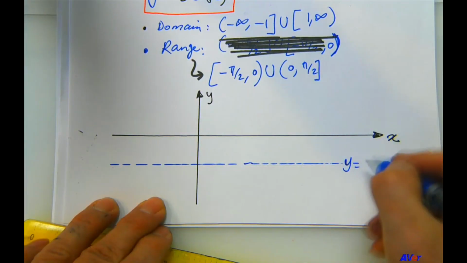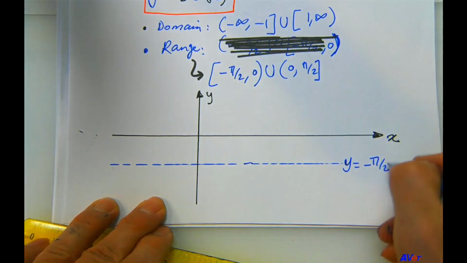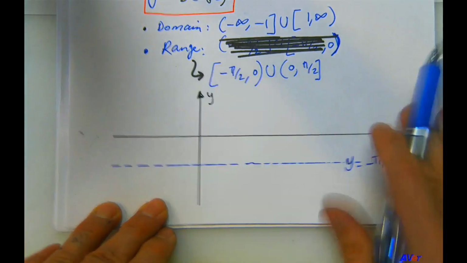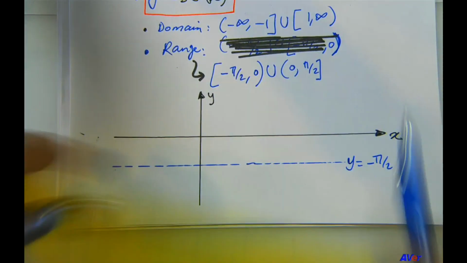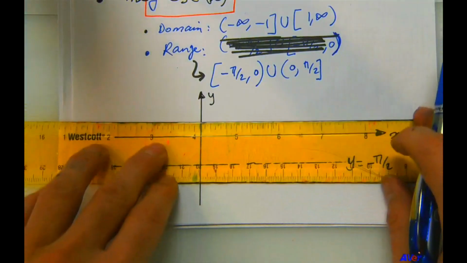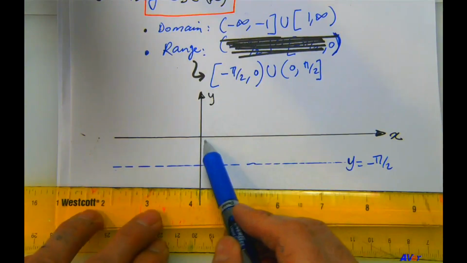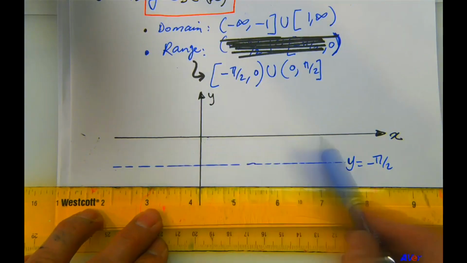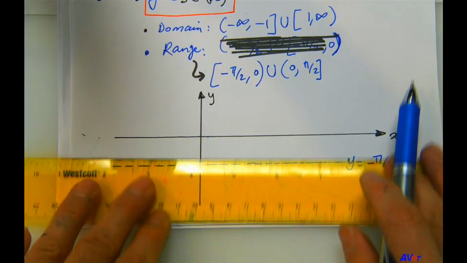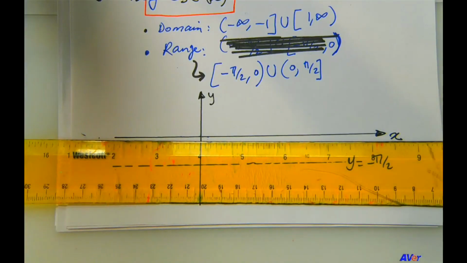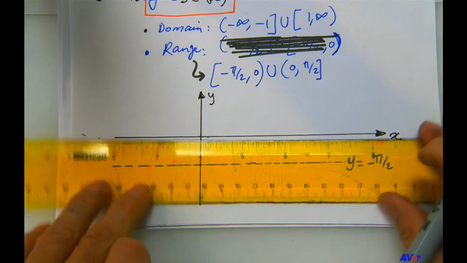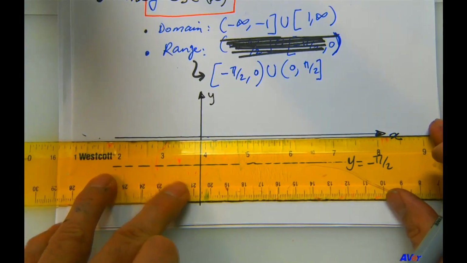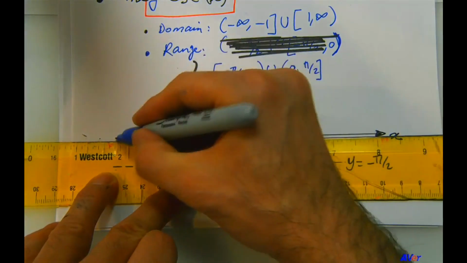This is y equals minus pi over 2. I'm just looking at this range and plotting my line where the line should go. And 0 is the asymptote here. y equals 0 is that one. So let me put a dashed line right next to it so it stands out as a horizontal asymptote.